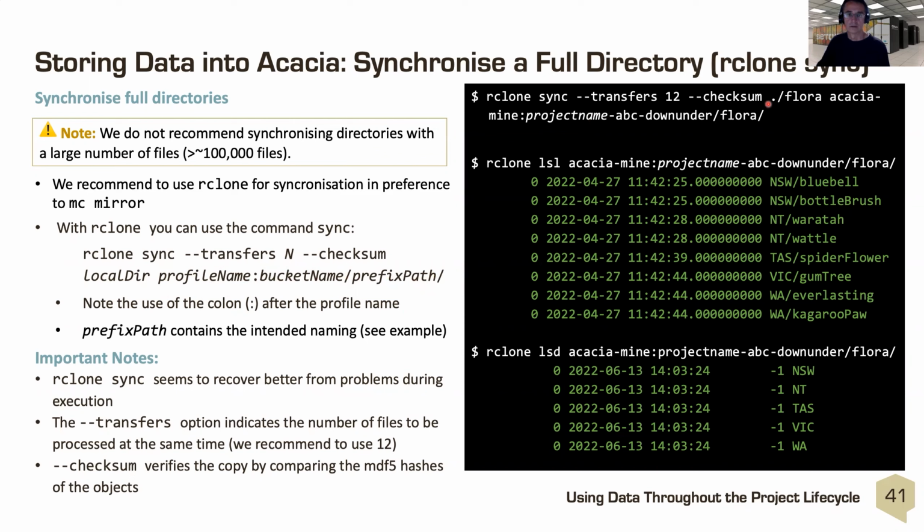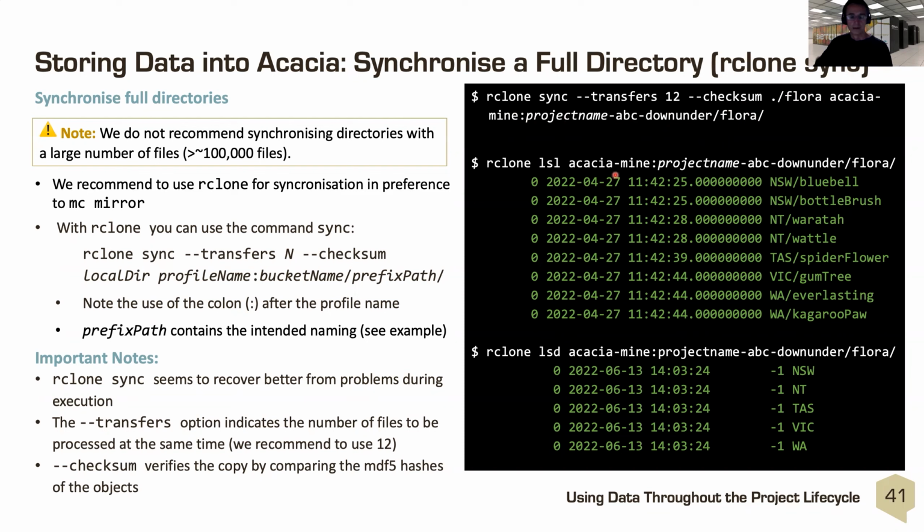We are going to synchronize, or basically copy, the full directory Flora into Acacia mine, colon. So this is the profile name, colon, this bucket, project name ABC down under, and then the prefix where I want the content to be copied. In this case, the same prefix, well, I'm using a prefix with the same name of the original directory.